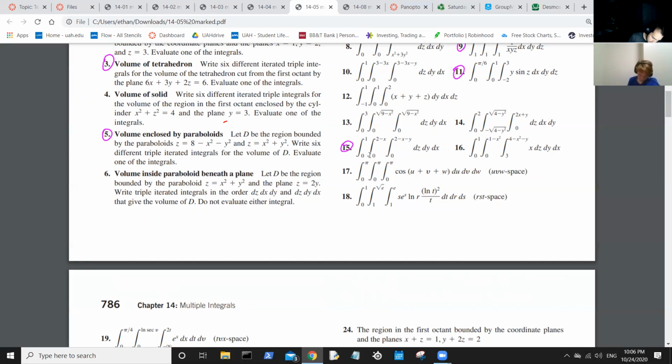Then we get minus x squared minus 4x plus 4 over 2, and all of that will be negative.